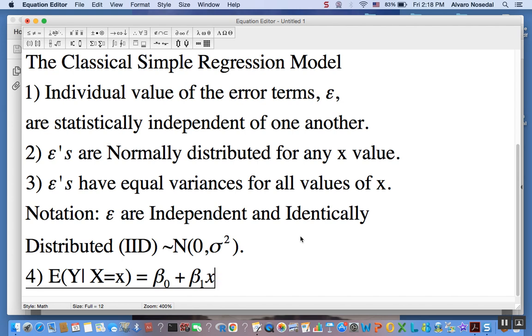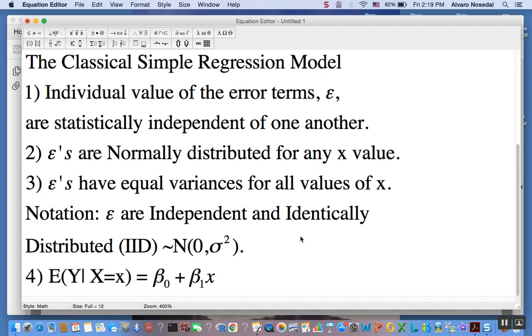Now that we have a theoretical understanding of what the classical regression model is, let's try to understand it from a more practical perspective. We're going to do a simulation to do that.